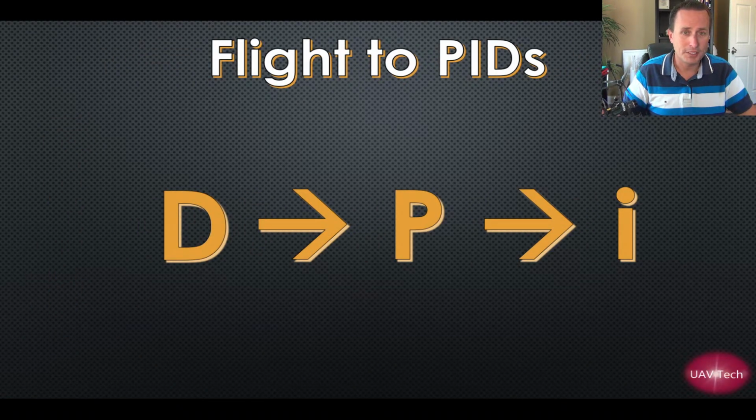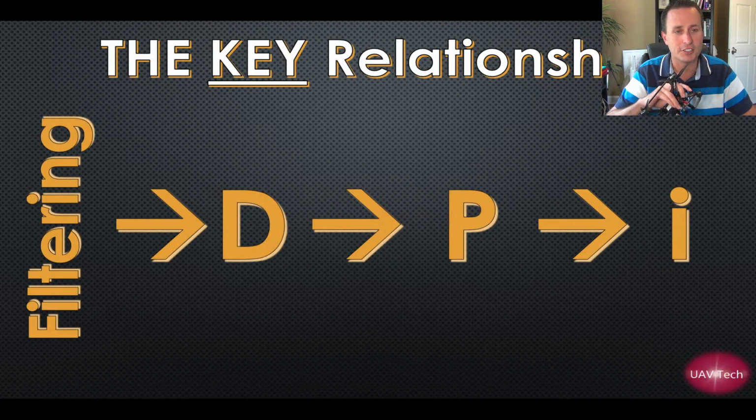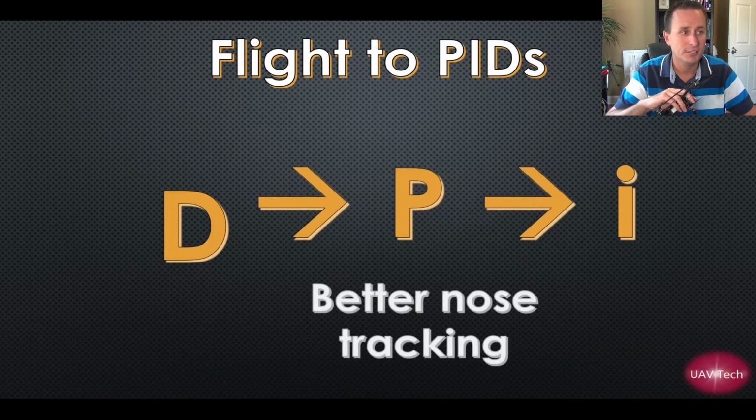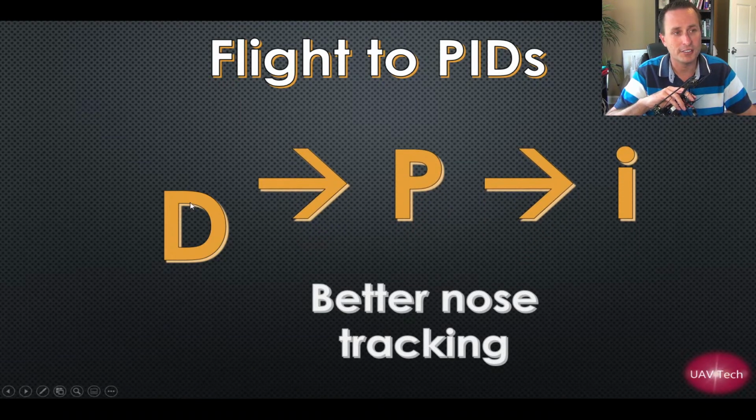So flight PIDs, the key that messes people up for tuning is: that's great that you have these relationships, but what does that mean as far as adjustments? Well, when you want to adjust this relationship and get better nose tracking, you really want to adjust the relationship between your D and your P term.